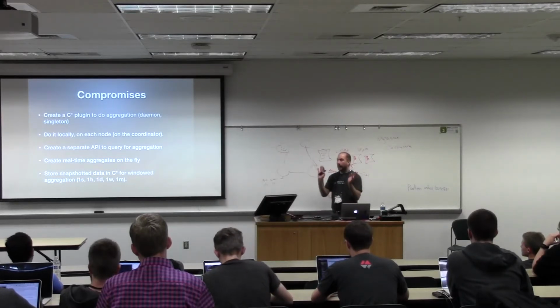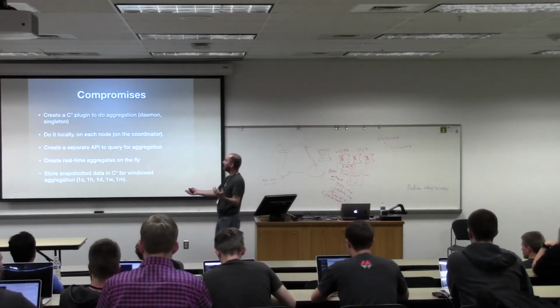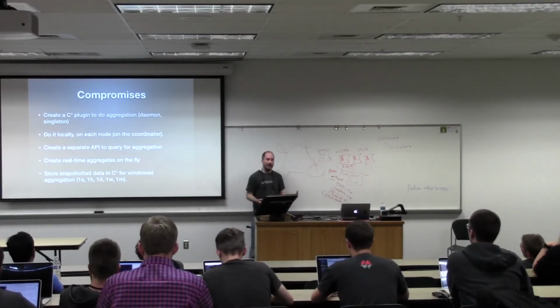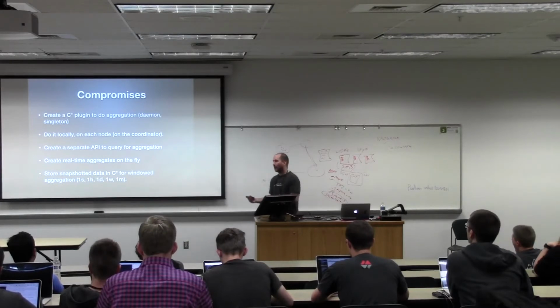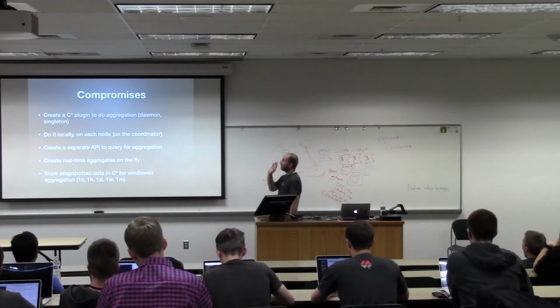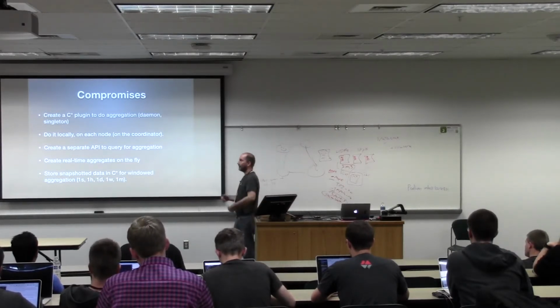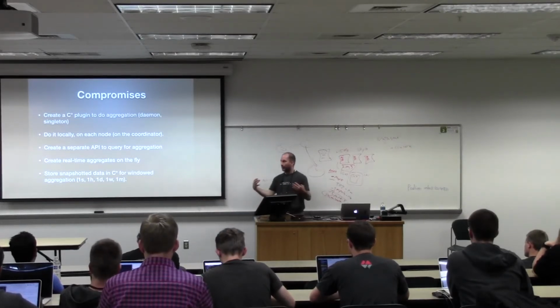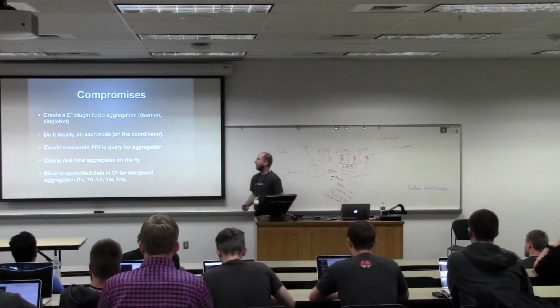So there are probably some things we could do. If I'm using Cassandra and I'm trying to create this without any dependencies, I could probably create a Cassandra plugin to do aggregation locally. And this is probably a decent design, right? So I could create a trigger inside of Cassandra. When the data comes in, I could pull out all of the pieces that are relevant to the event.